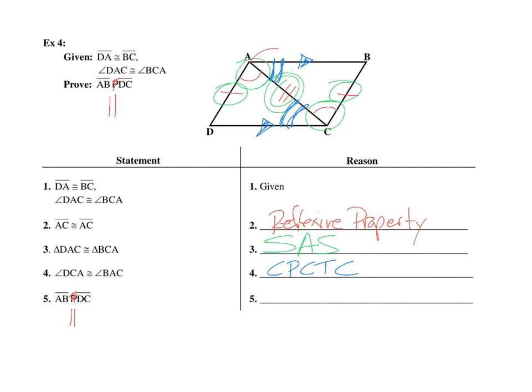Well, I know that these alternate interior angles are congruent. And if the alternate interior angles are congruent, that must mean that these sides are parallel. So that's alternate interior angles converse, going back to chapter 3.